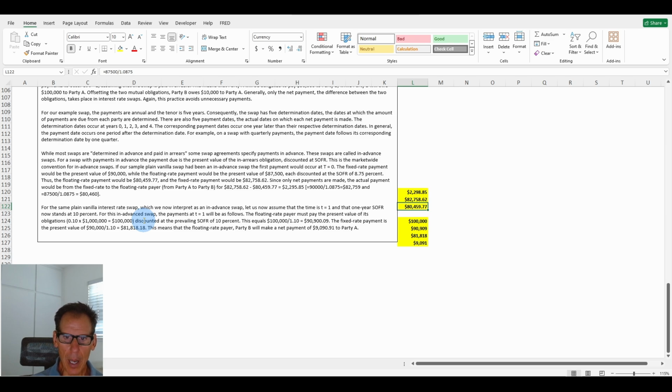The floating rate payer must pay the present value of its obligation, 100 grand, discounted at the prevailing SOFR rate of 10%. This equals 90,900. The fixed rate payment is the present value of 90 grand divided by 1.10, which equals 81 change. This means that the floating rate payer, party B, will make a net payment of 9,901 to party A.